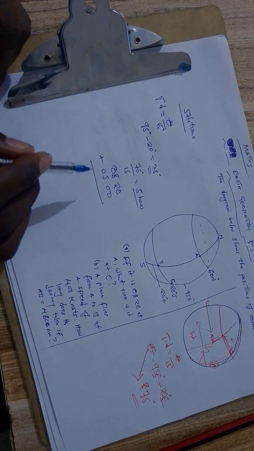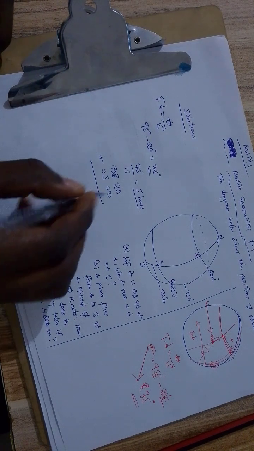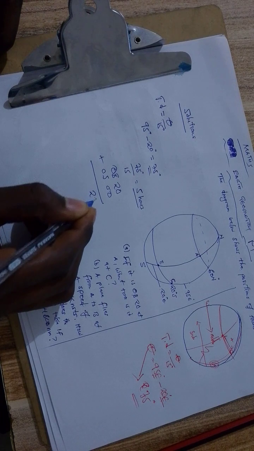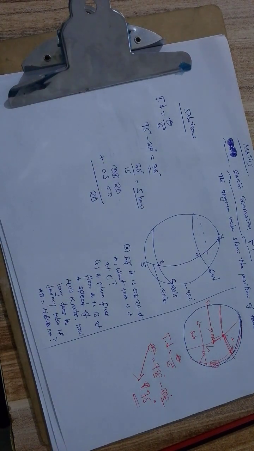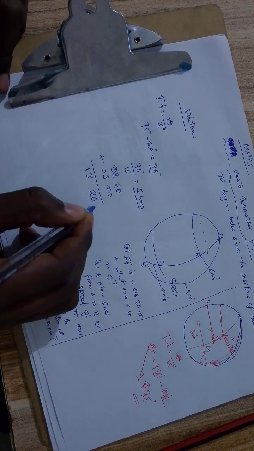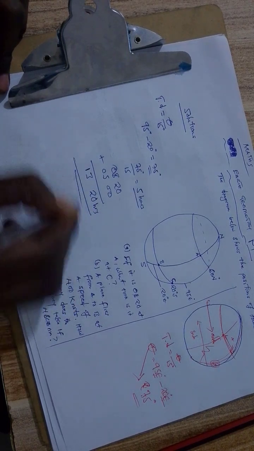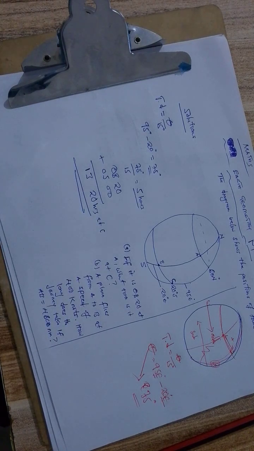If you add 08 plus 05, we get 13, and the 20 remains. So the time was 13 hours 20 at C. This is how we answer time difference where latitude and longitude is concerned.